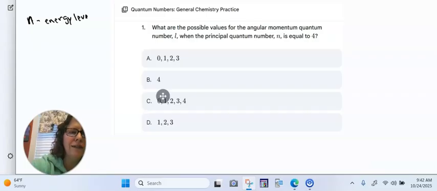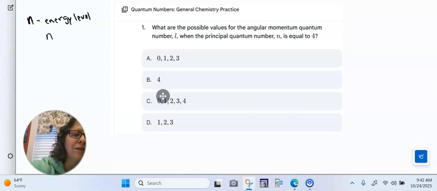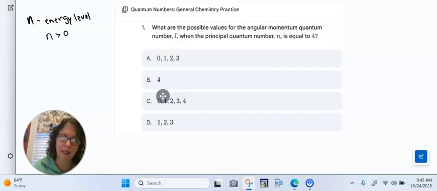Allowed values for it are whole numbers, so n has got to be greater than 0, like n equals 1, n equals 2. Those are the energy levels that can be found within the atom.